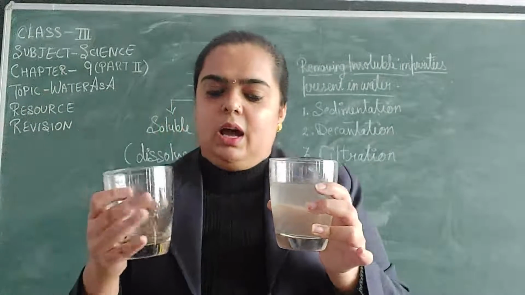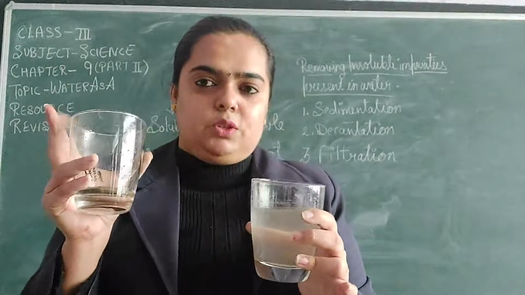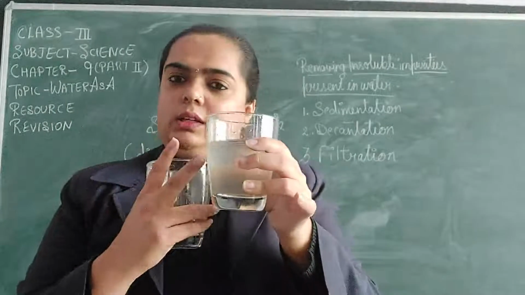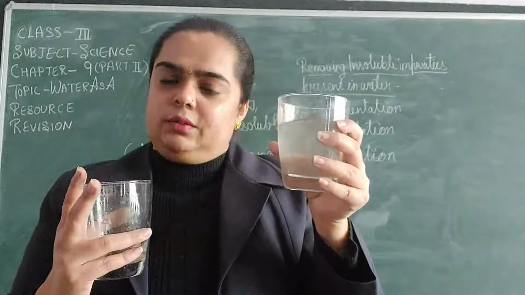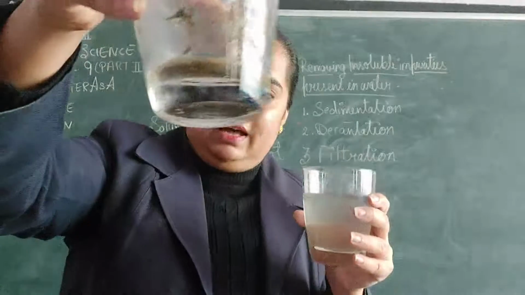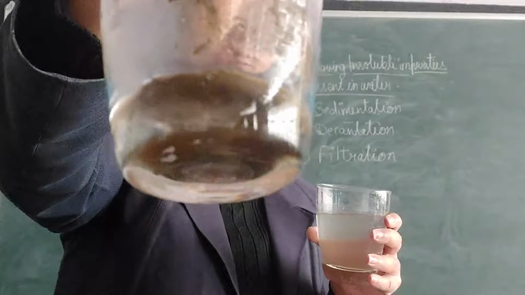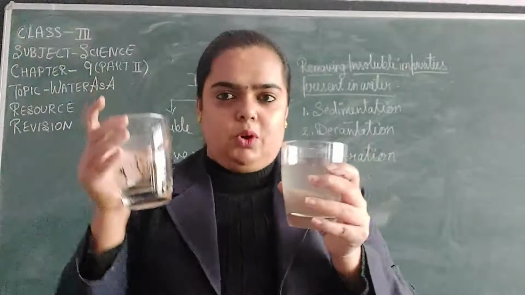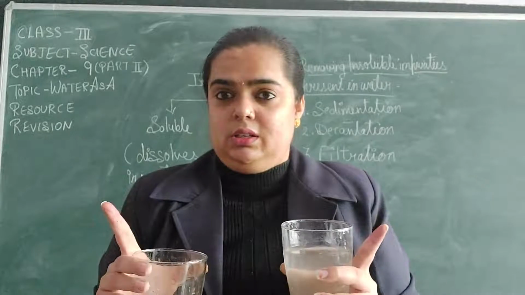What I did is I poured the water which was with impurity into another glass, where the clean water got collected somewhere else and the sand remained in the glass. This process is called decantation.